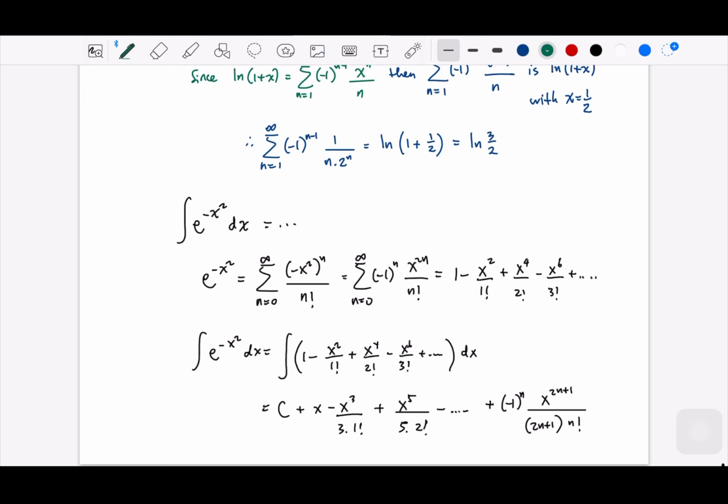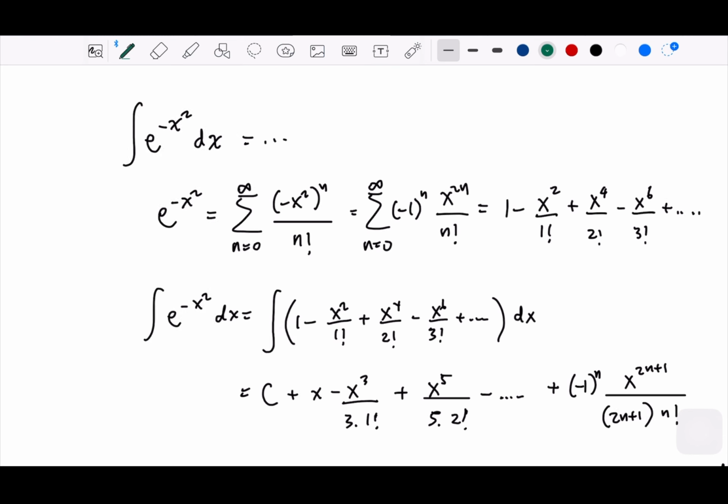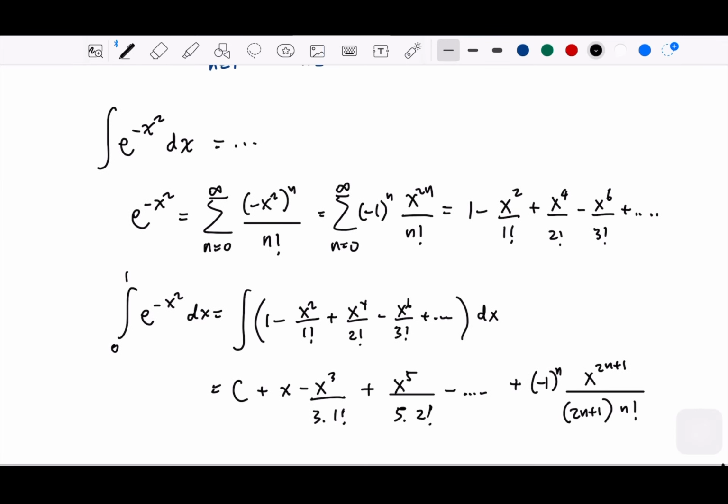For example, let's say from 0 to 1. Now, what we did is we're going to remove this constant, right? And then take this.